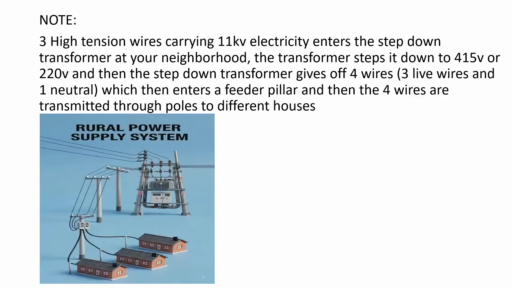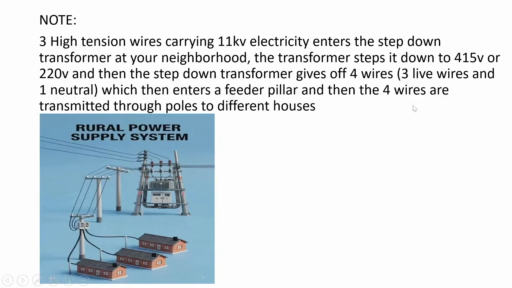When the electricity enters into that transformer and the transformer steps it down, 4 wires are going to come out of the transformer, so that those 4 wires are going to be transmitting the stepped down 415 volts or 220 volts. Good. Which then enters what we call a feeder pillar.